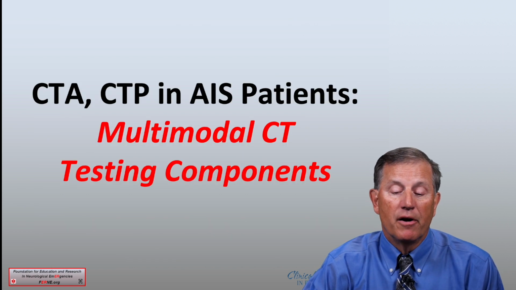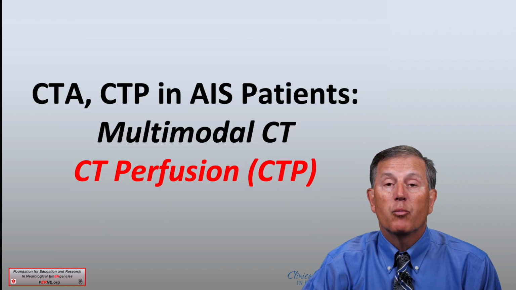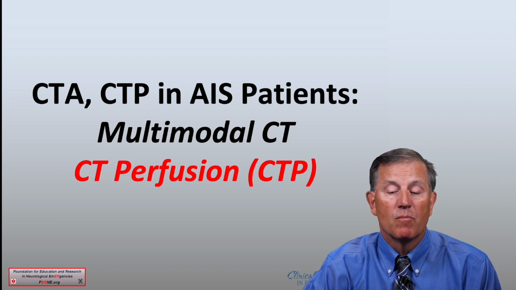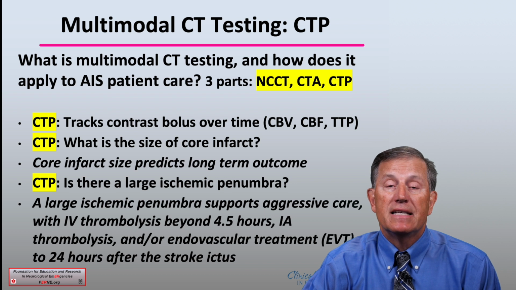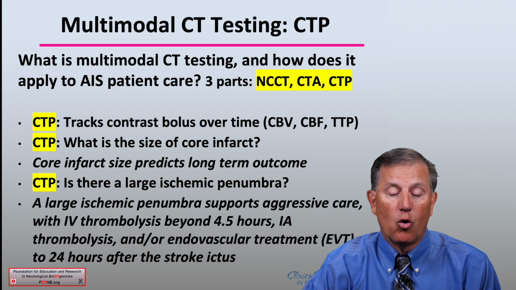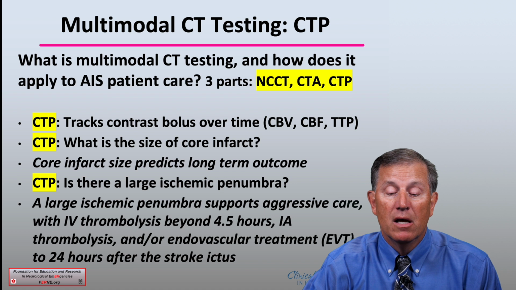Considering our testing components from this multimodal CT and acute stroke article, the last we consider is CT perfusion, CTP. This is a test that tracks the flow of contrast as a bolus over time. It allows us to understand the size of the core infarct, because the core infarct size at the time of treatment does predict long-term outcome.